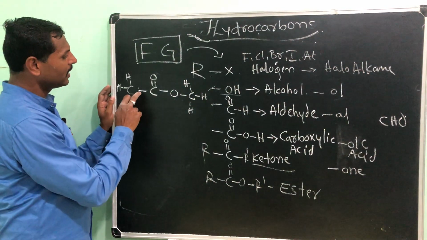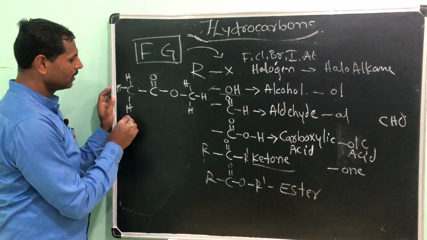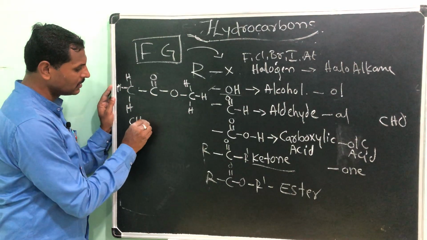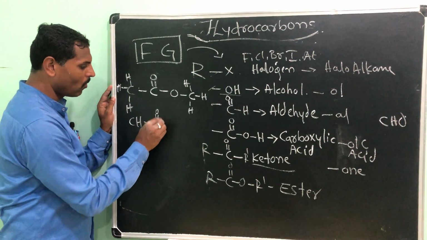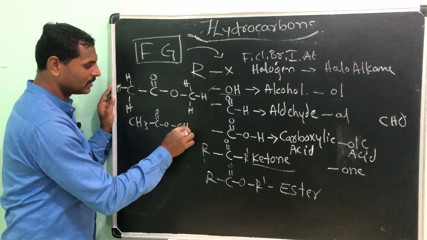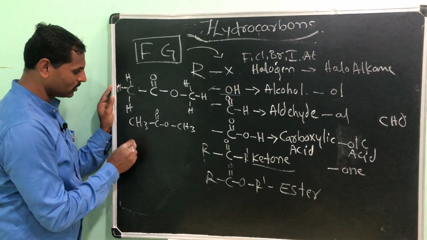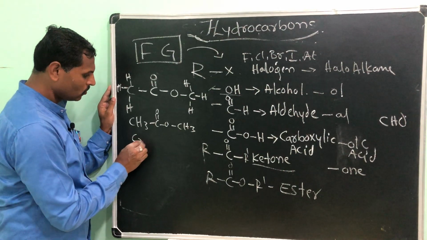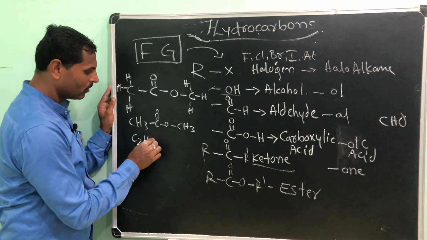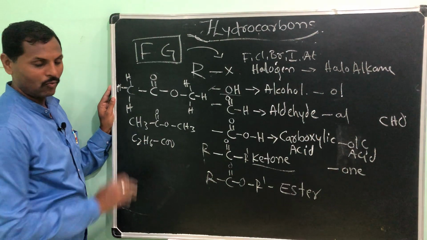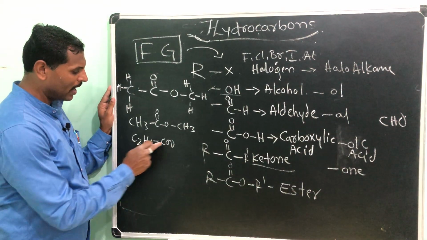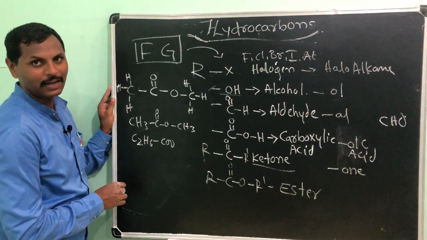Okay, then how many carbons are there? 1, 2, 3, right? But you write like this: CH3, C double bond O, O, CH3. Then you add these two things: C2H6, C double bond O, O. Okay, 2 and 1, how many are there? 3.